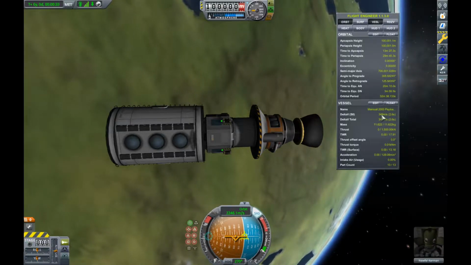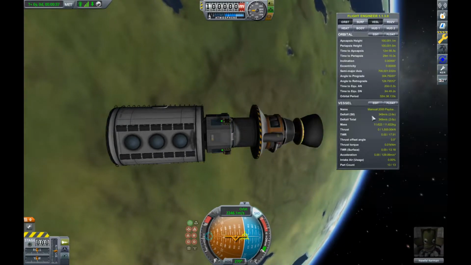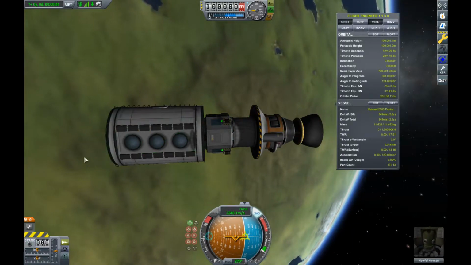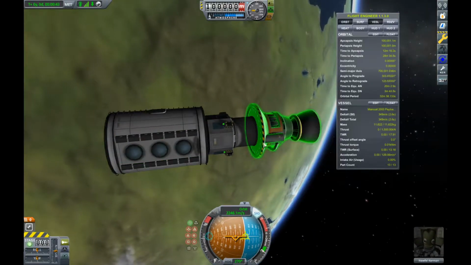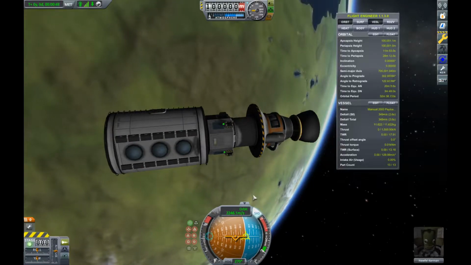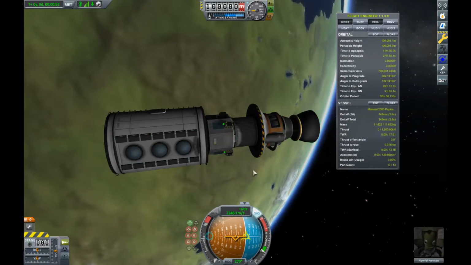Now, our previous one had 100 and something delta V, the little Terrier. Now we have 350 delta V. So we have about 200 more meters per second of delta V with this setup, even though it's much heavier.